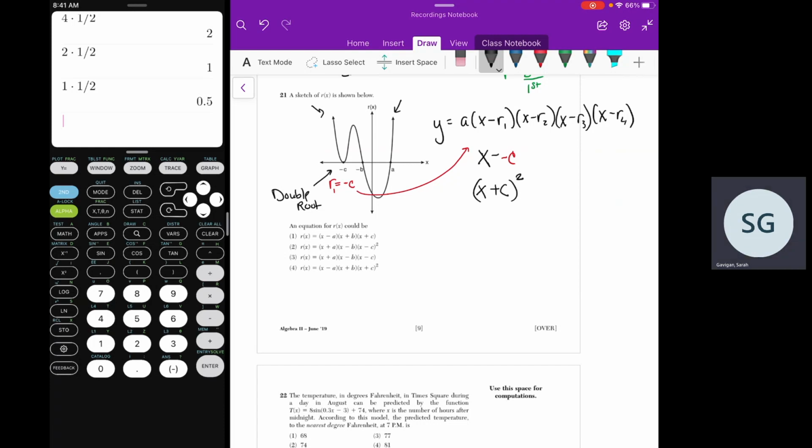Now, my other root here is negative b. So when you plug it in, it's going to be x minus negative b, which would be x plus b. And my last root is a. So it'll be x minus a, which is just x minus a.